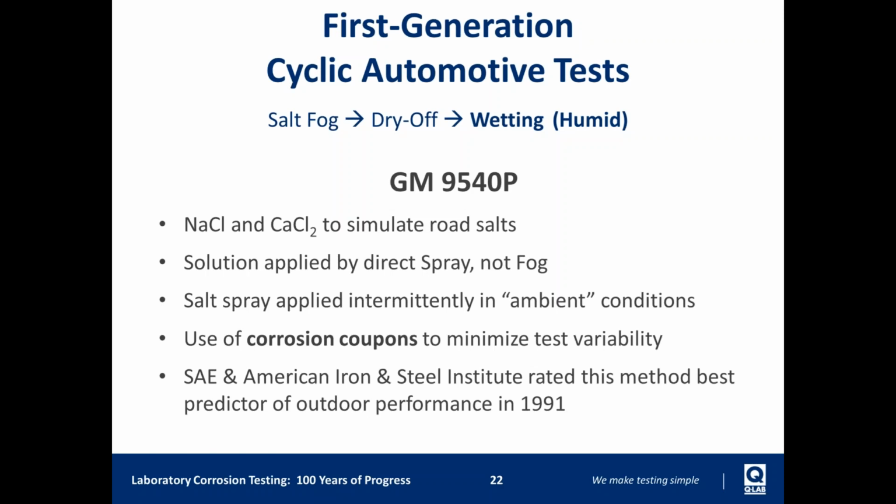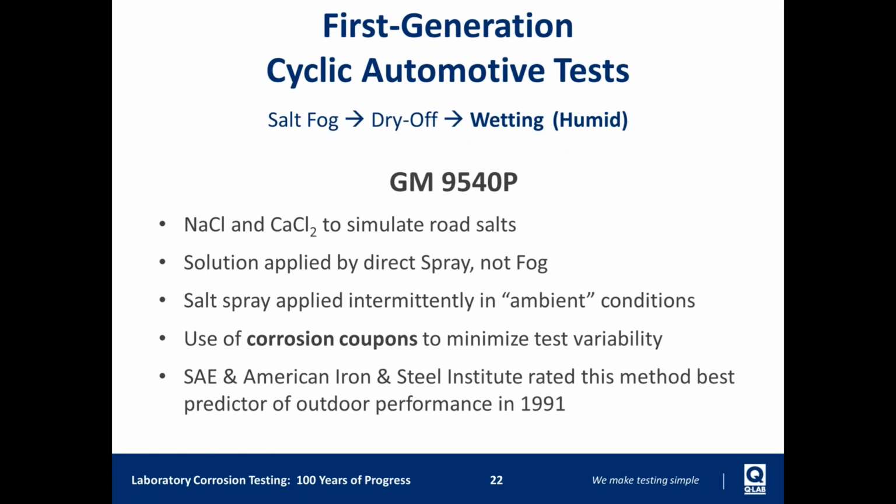And the big one is that they used corrosion coupons to minimize test variability. Corrosion coupons are effectively, and we'll talk a little bit about this later, untreated, unpainted steel or zinc that when exposed to corrosion environments, they're going to corrode, and they're going to corrode quickly.